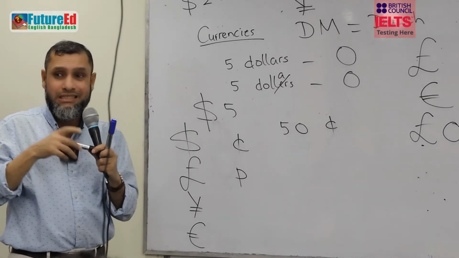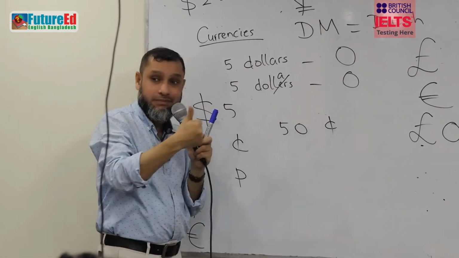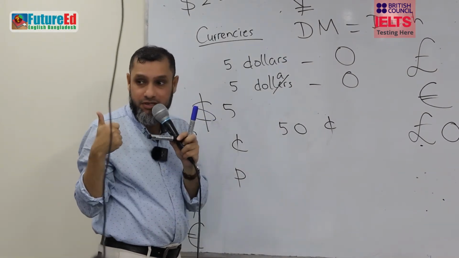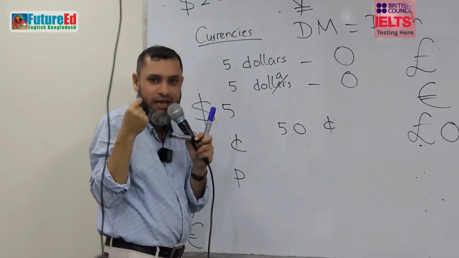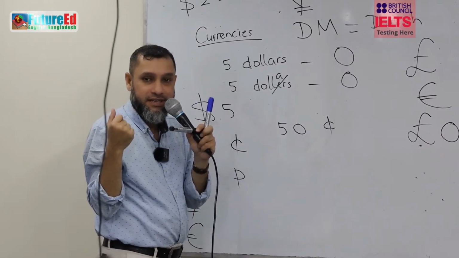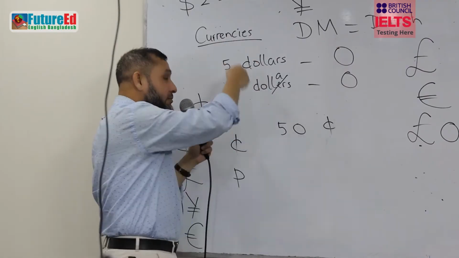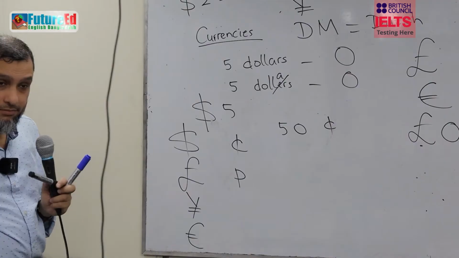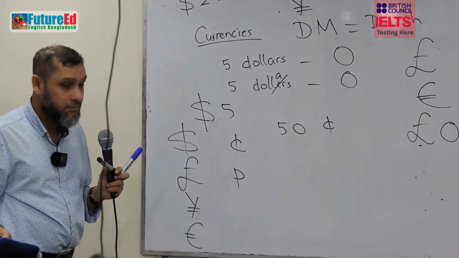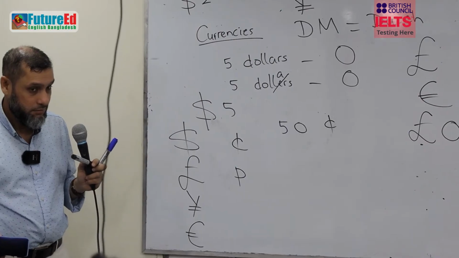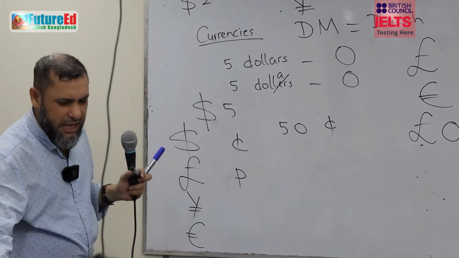So when you spell it out like this, you've got to get your spelling right. If there's a mistake in spelling, you end up scoring 0, even when the number is correct. You can't afford to make that mistake. So make sure you use symbols when it comes to currencies. Sir, if we write the number first and the symbol second, then will I get 0?